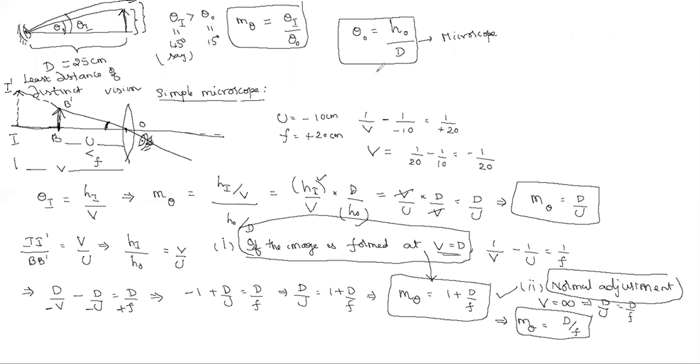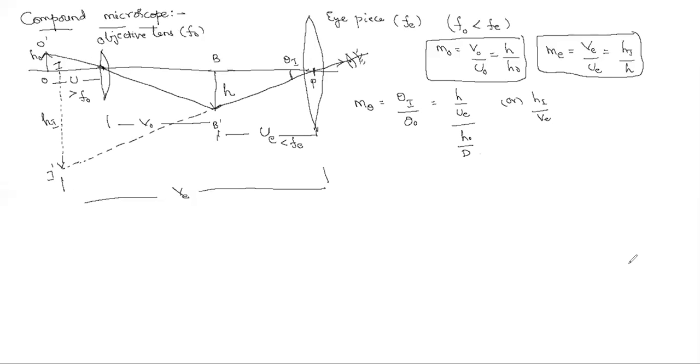Here you can see this theta O is equal to h_o by D. So that theta O, directly I am substituting h_o by D. So this is the magnification. What we are writing here, h by u_e into D by h_o.